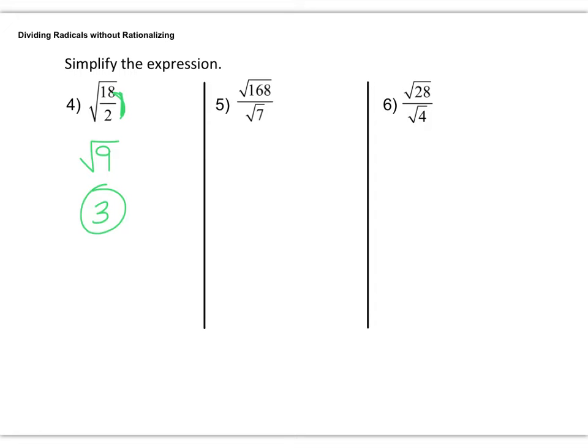So step 1 would be to simplify your fraction. Step 2 is to split the radical and do factor trees.